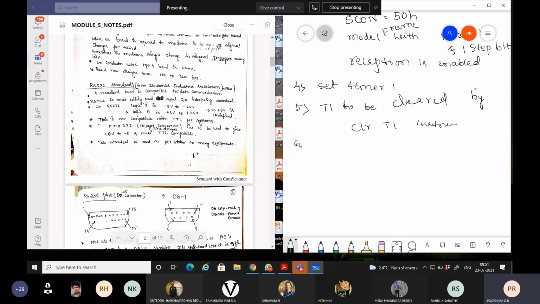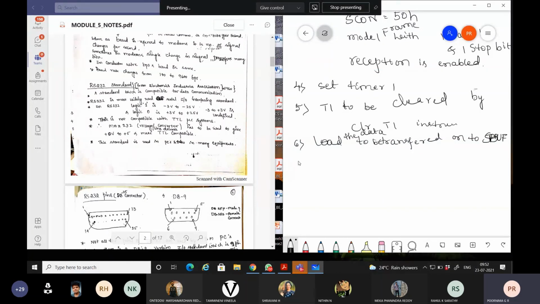Next, the data to be transferred is loaded onto the SBUF register.